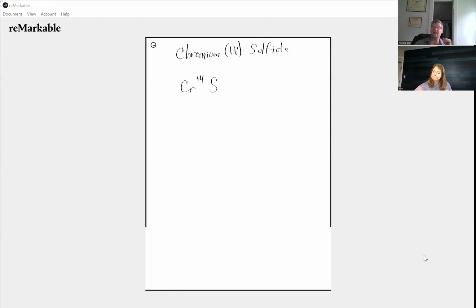Sulfur is a chalcogen. It is right under oxygen. What do you suppose the charge of sulfur is? The same as oxygen, which is -2. Okay.